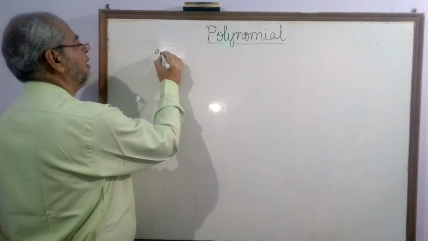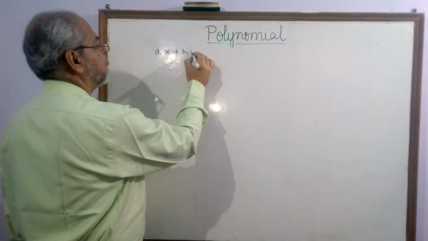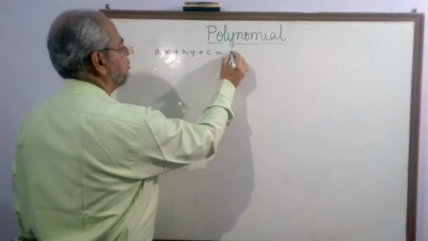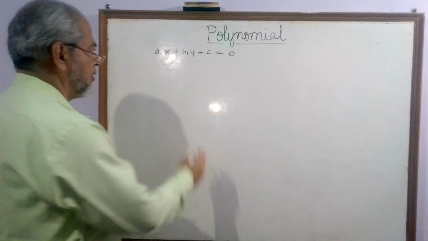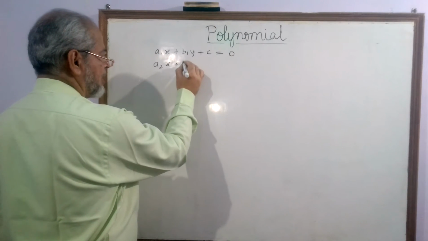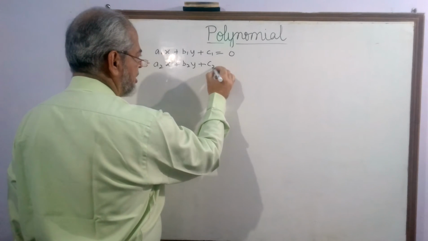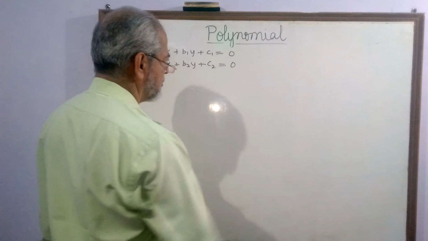For example, a1 x + b1 y + c1 = 0, and the other equation should be of the form a2 x + b2 y + c2 = 0.